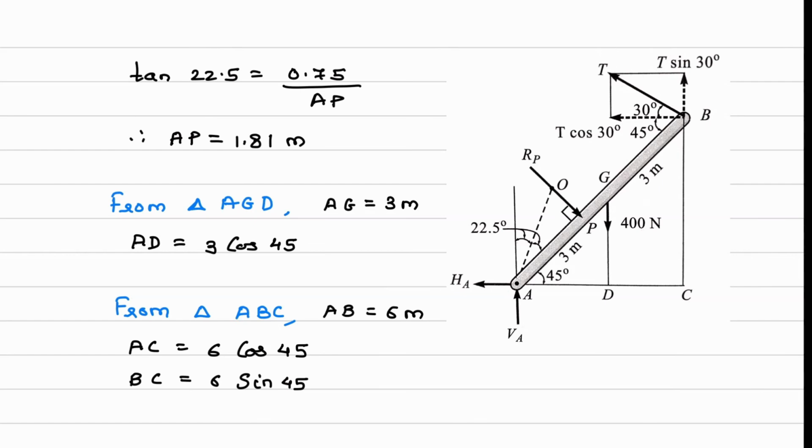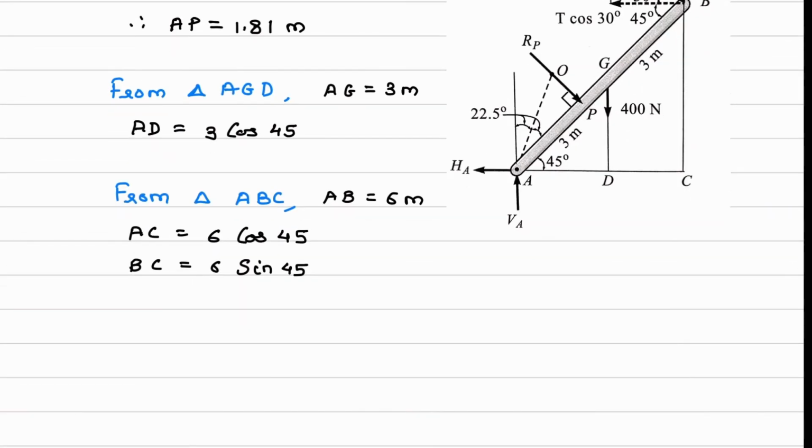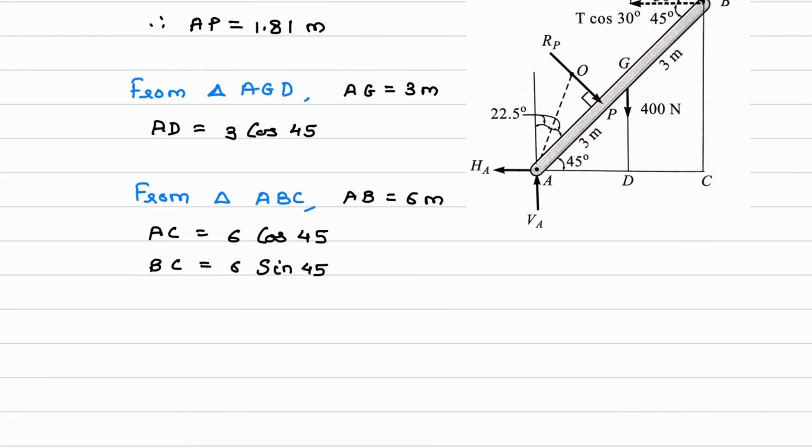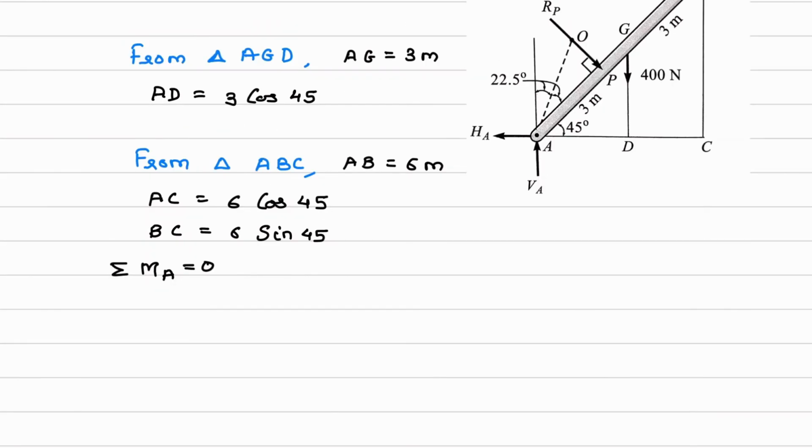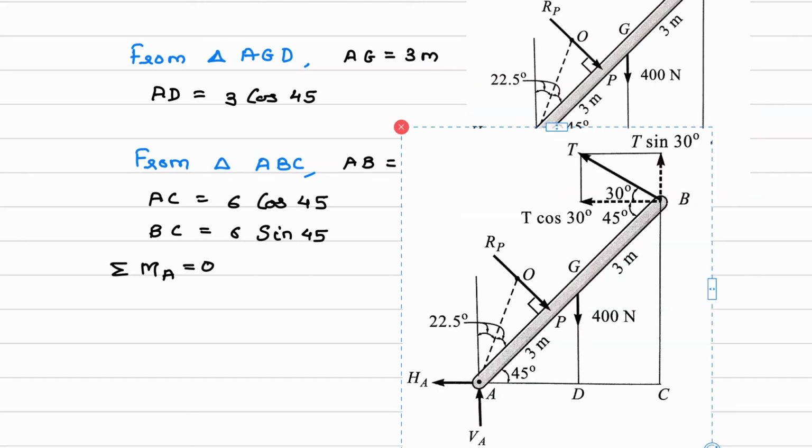So I'll write down the equation: summation of moment about point A is equal to 0. Now I'll copy this diagram over here in between so that it will be easy for us to refer.